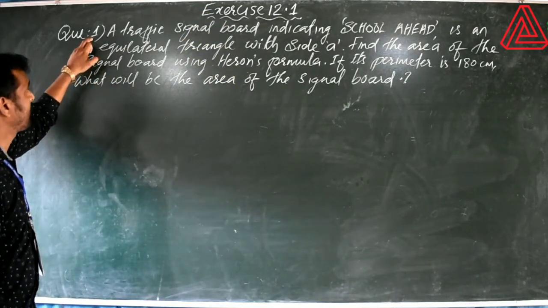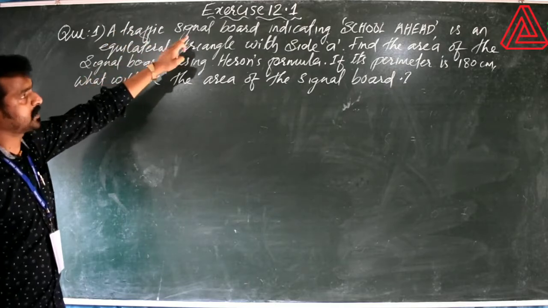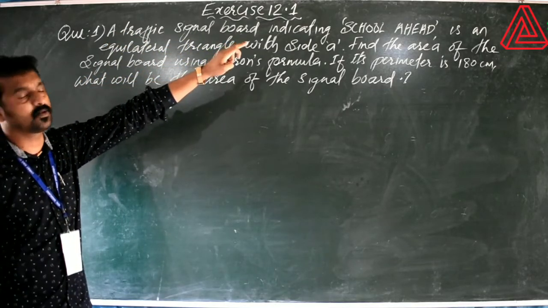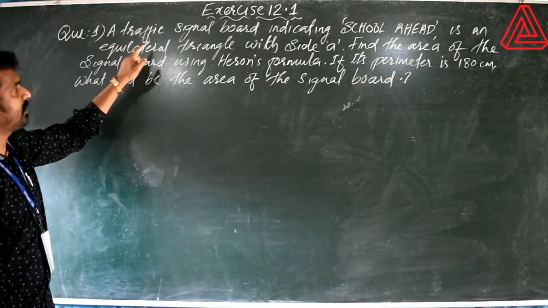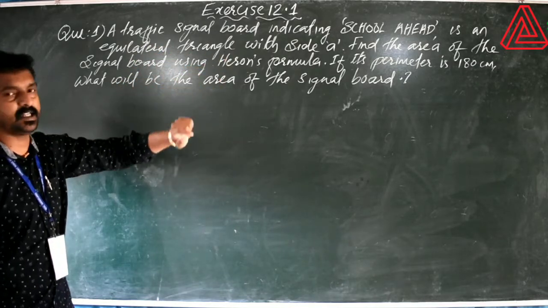Question number 1. A traffic signal board indicating a school ahead is an equilateral triangle with side a.